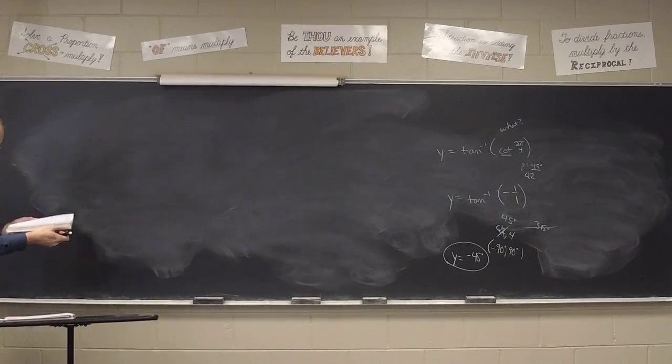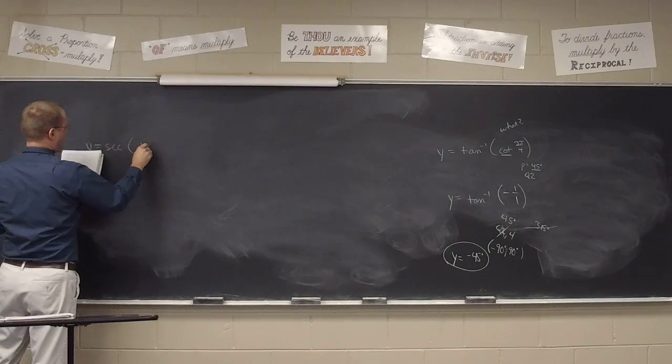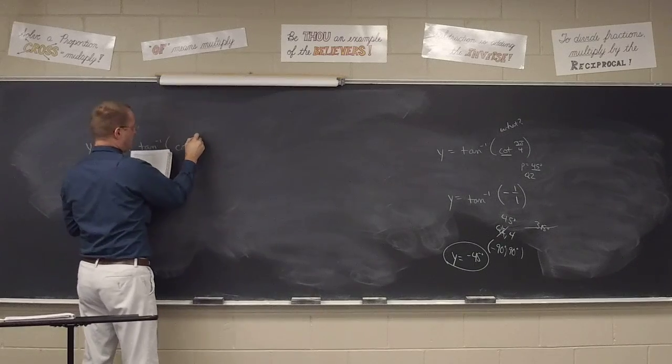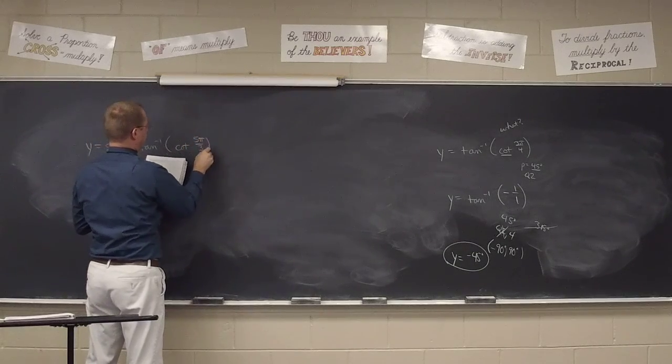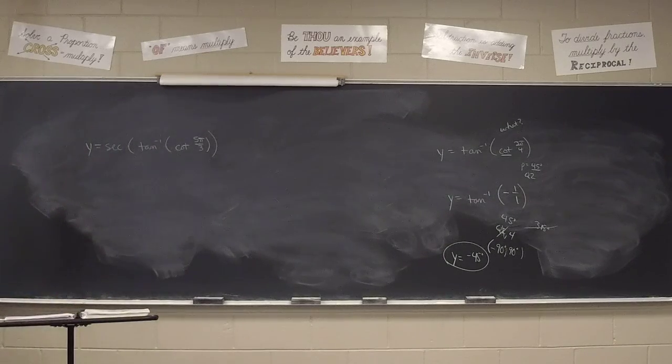And this one's a fun one because there's 3 parts to it. We have y equals the secant of the arctangent of the cotangent of 5 pi over 3. What do we start with here, Jamie? Start by asking, maybe, what?